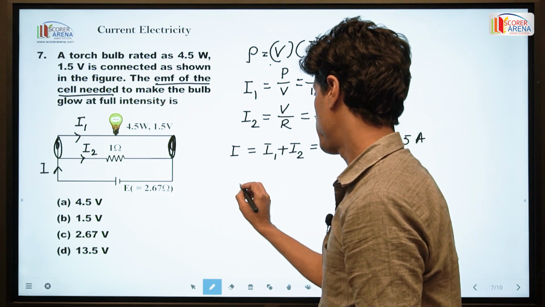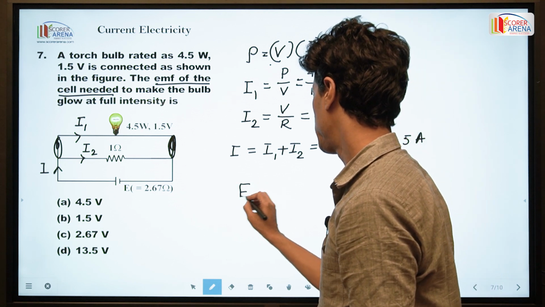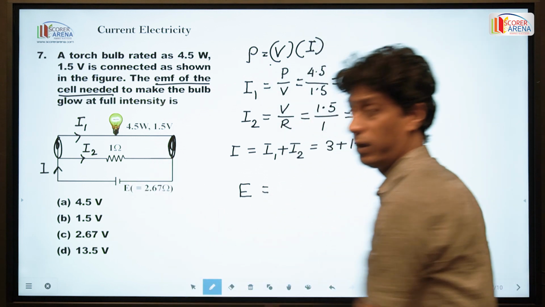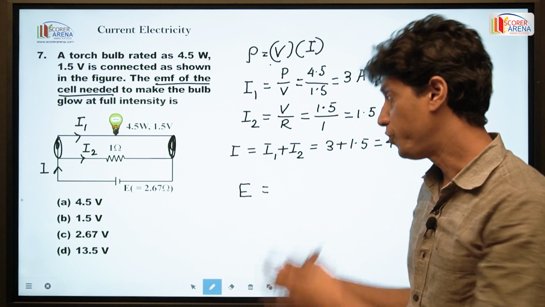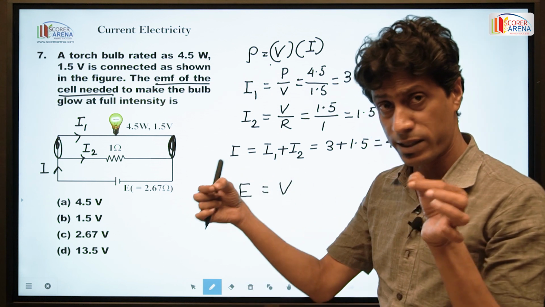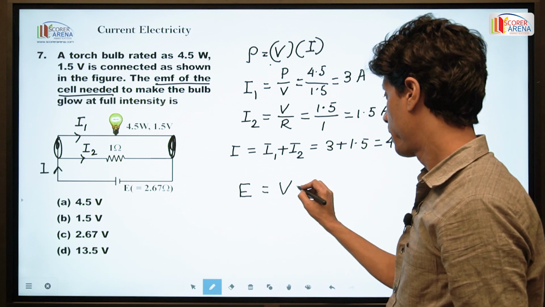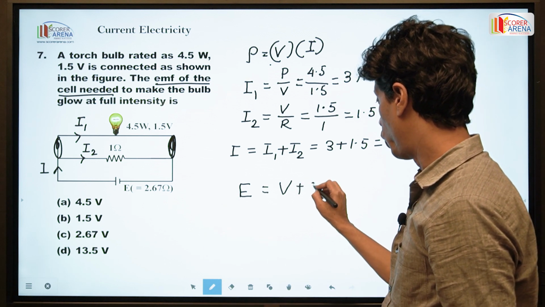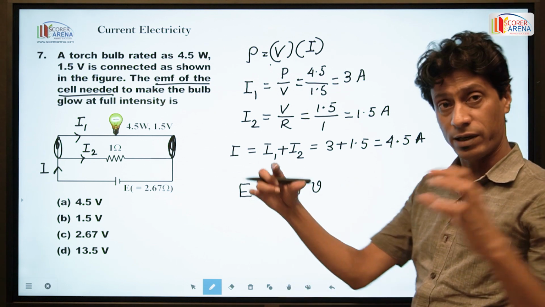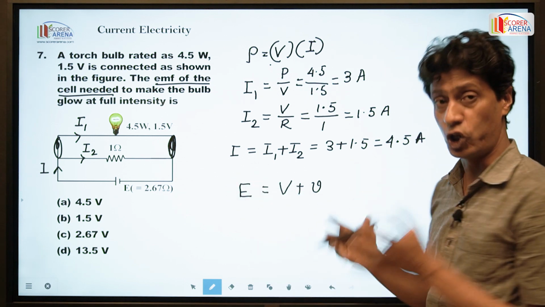But the question is the EMF of the cell. We know the EMF of the cell is always equal to the potential difference across the external resistance plus the lost volt.